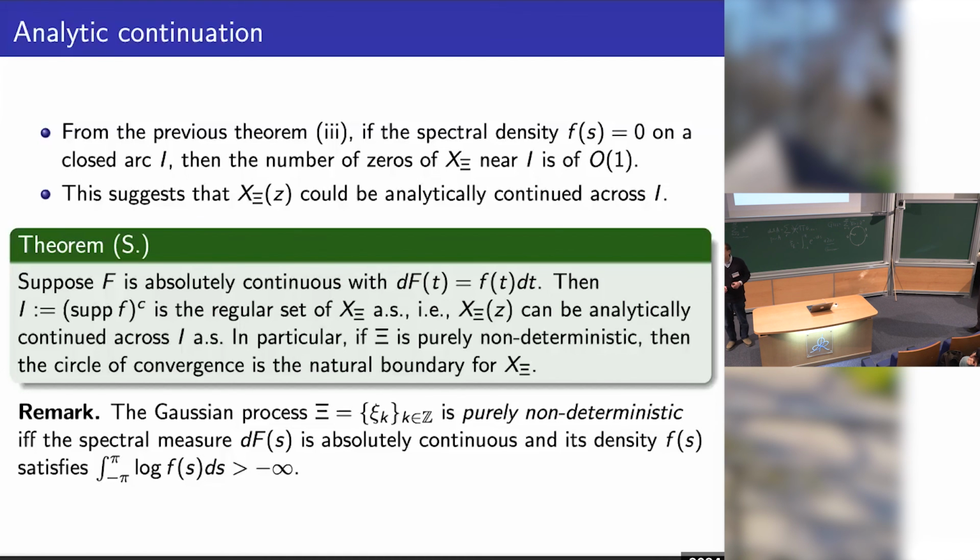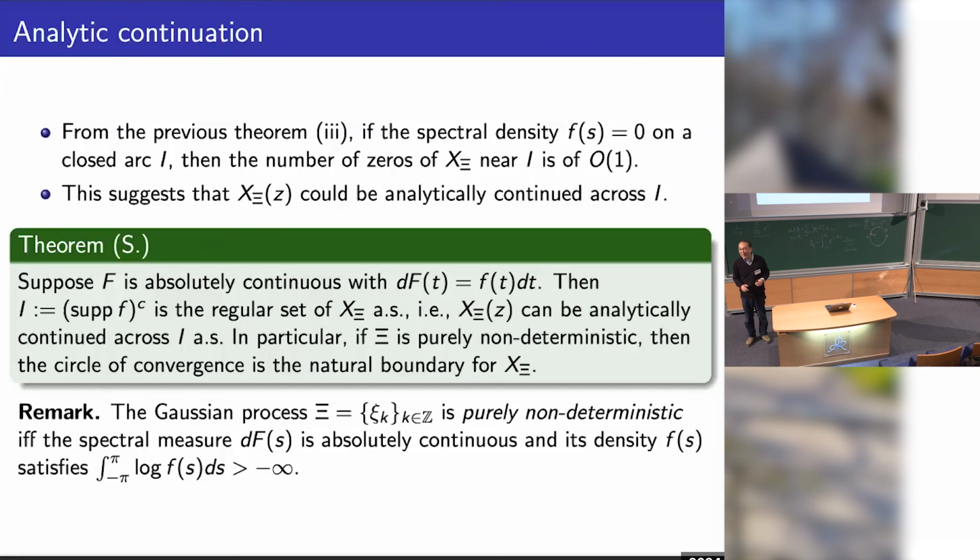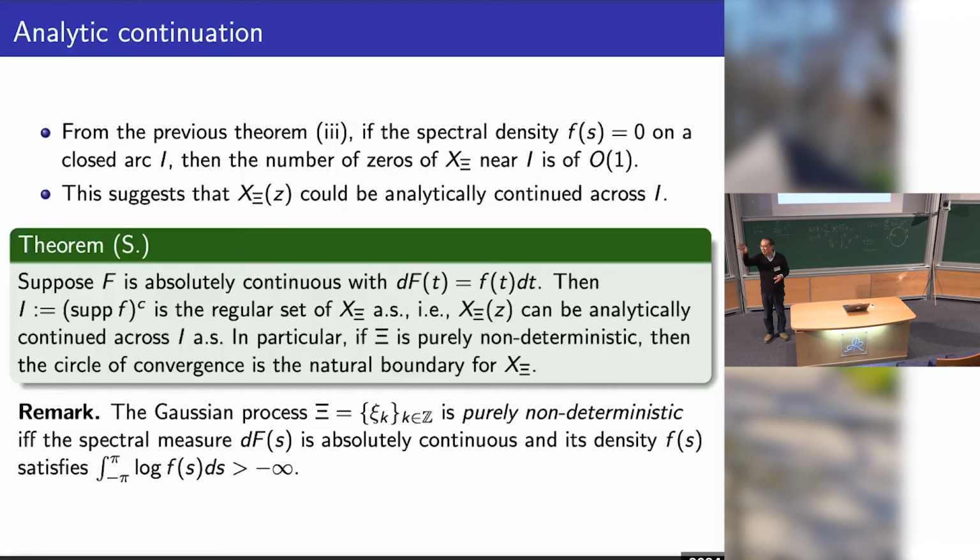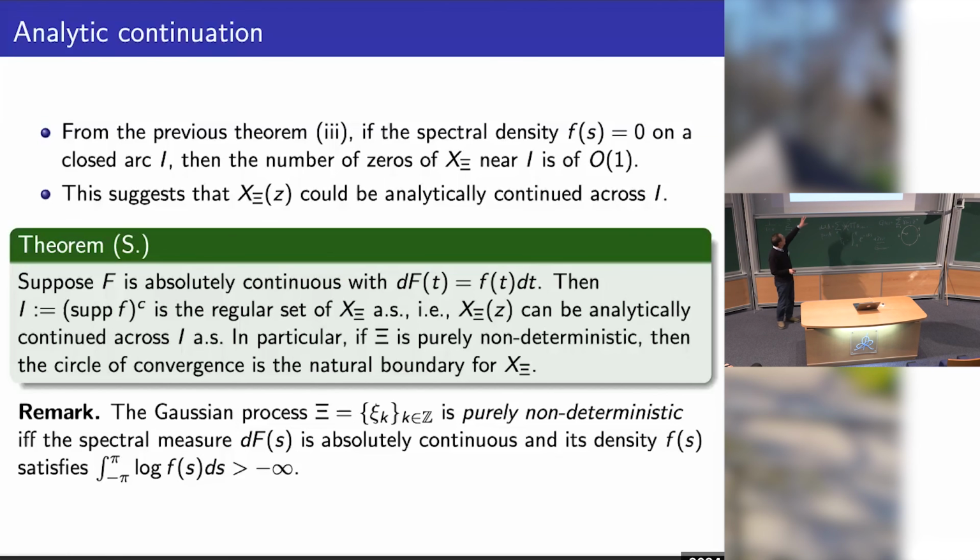Yeah, I guess so, but so far I'm not so sure. I'm not so familiar with the Verblunsky coefficients. But anyway, the properties of the spectral density correspond to the randomness of the discrete Gaussian process, so you can encode something.